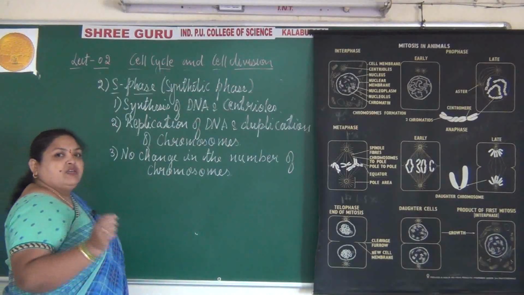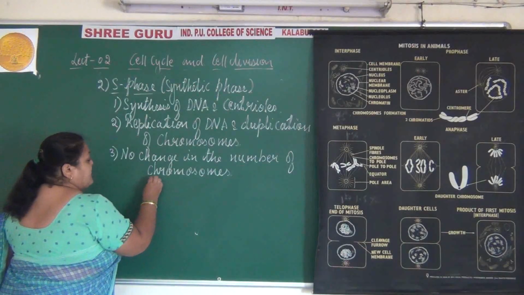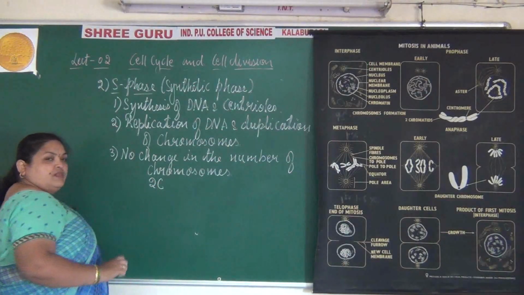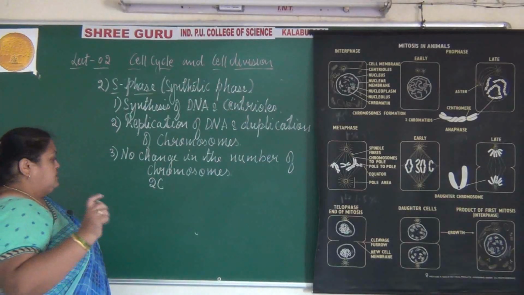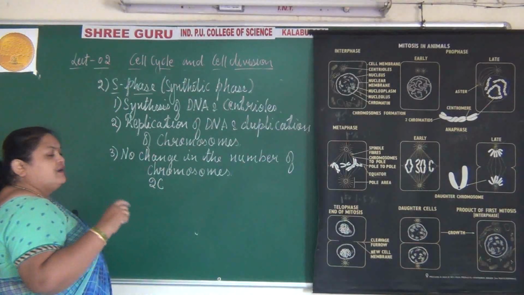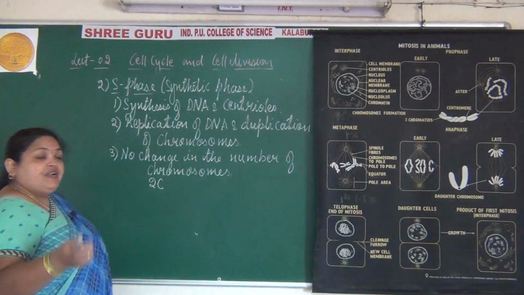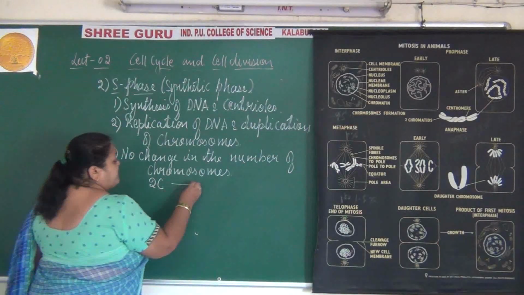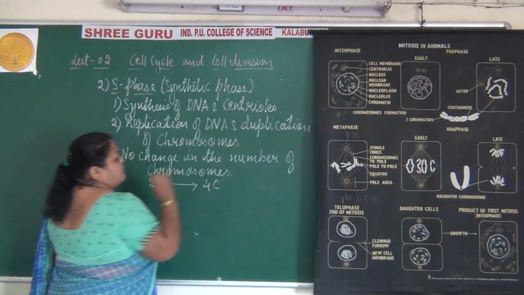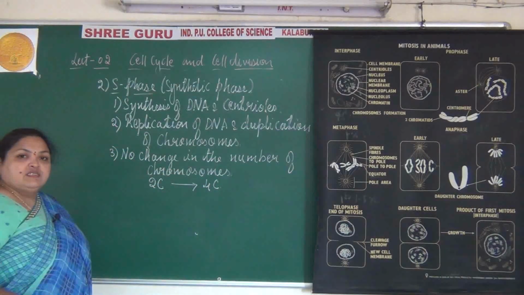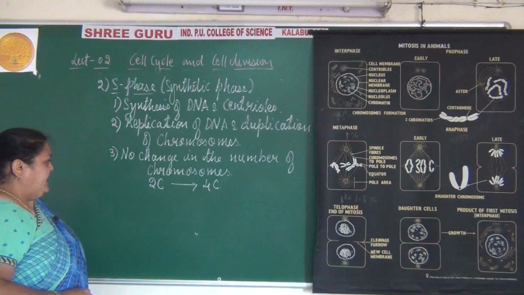Initially the DNA component of the cell is 2C. It is increased to 4C.